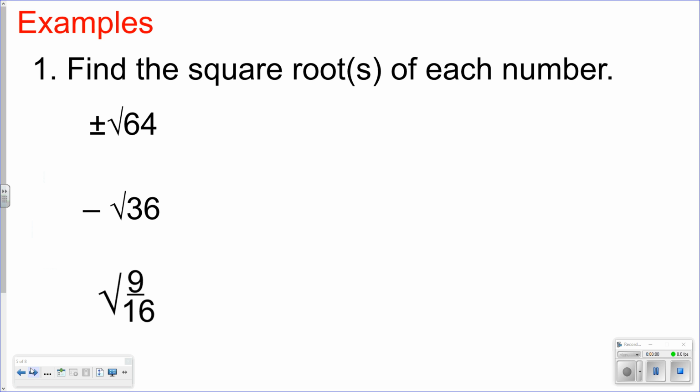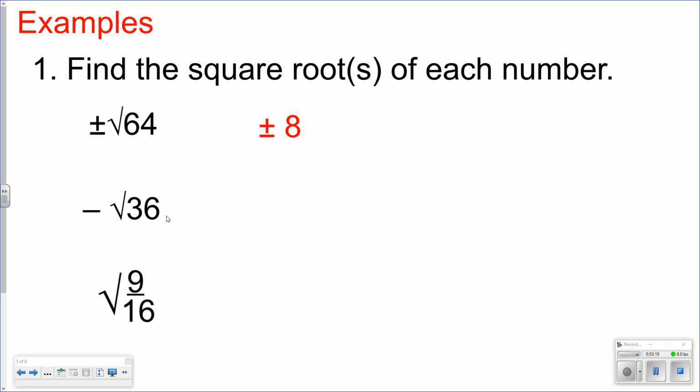So find the square root of each number. Notice in the first one it says plus or minus the square root of 64. So my answer has to be plus or minus 8. Notice in this next one it says negative on the outside. So remember that's almost like a negative 1 times the square root of 36.